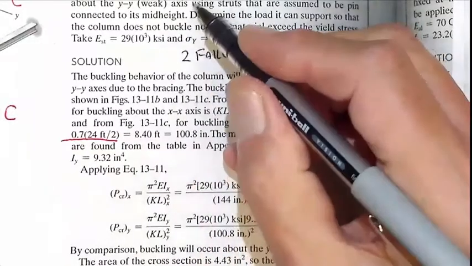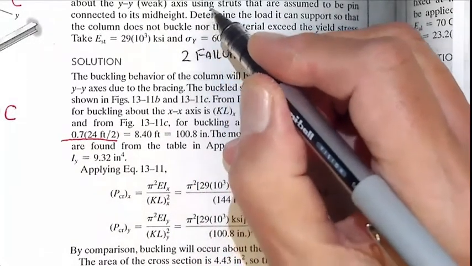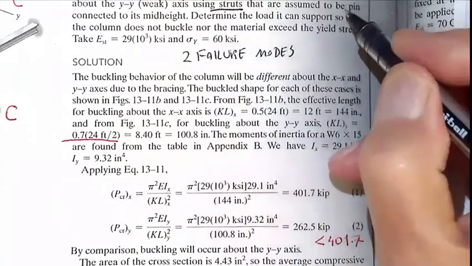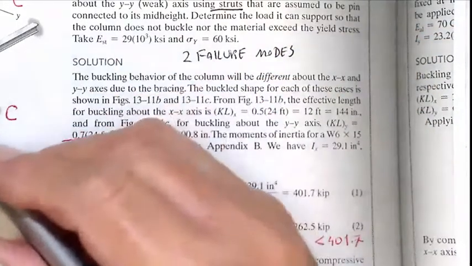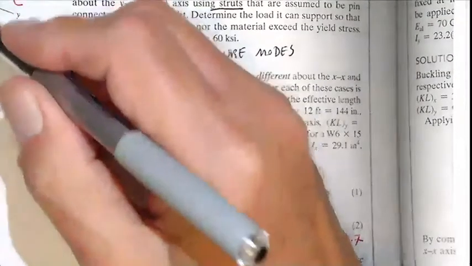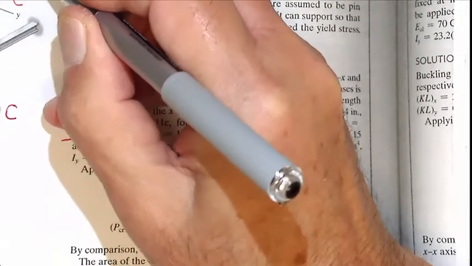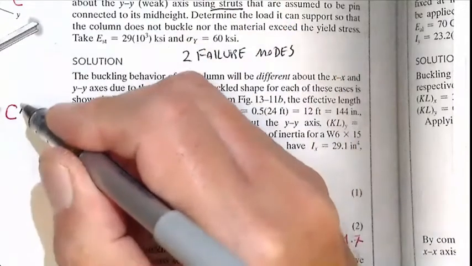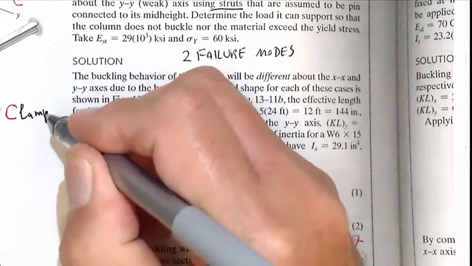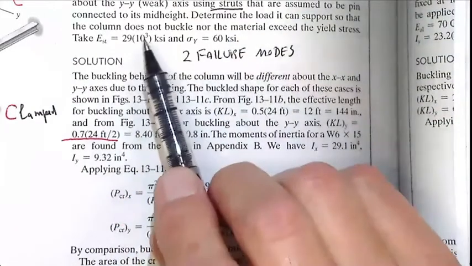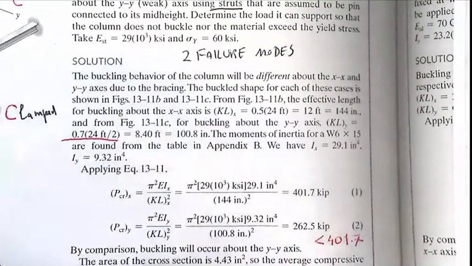So how do we do the bracing? We are using some struts that are assumed to be pin connected. So these are pin connected. This is clamped, and this is also clamped. Here there is simple support.